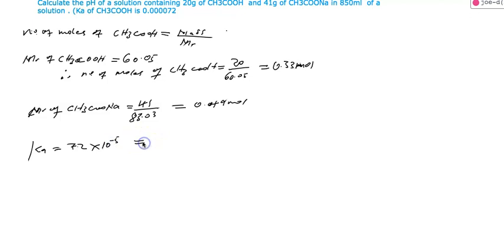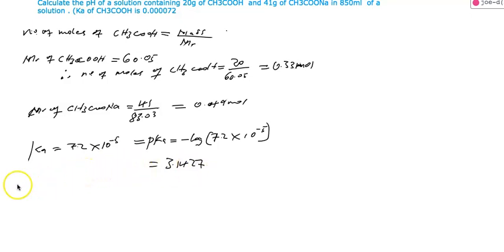Okay, therefore our pKa will be equal to negative log of 7.2 times 10 raised to the power minus 5. Okay, that will be 3.1427.